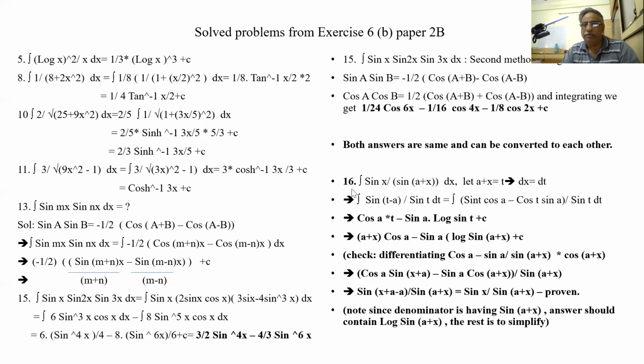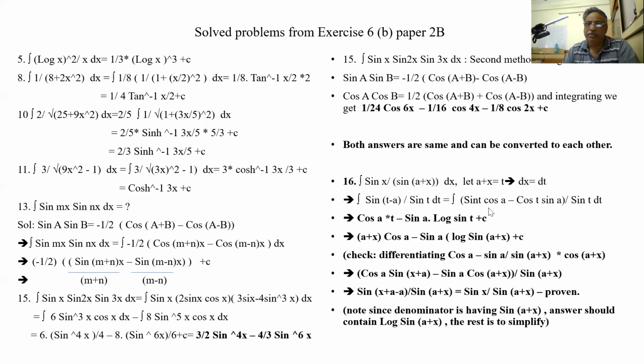Now let us see problem number 16. Integral of sin x by sin(a plus x). Here, for all such problems, we take a plus x as t. So dx is dt. What does this become? This becomes sin(t minus a) by sin t.